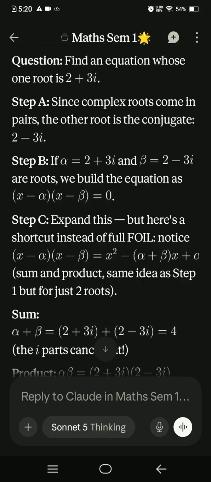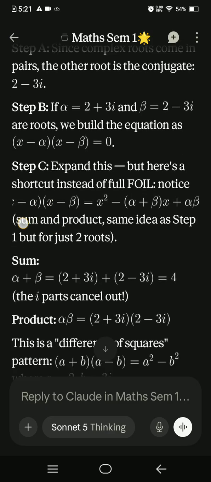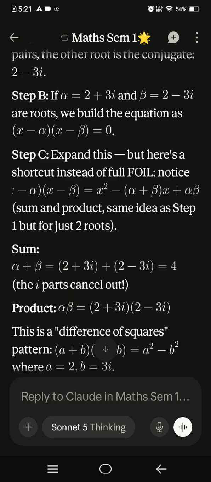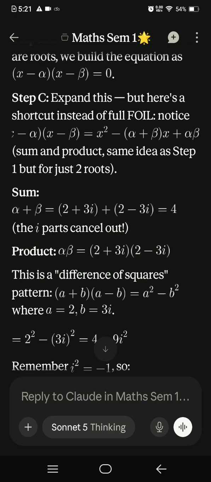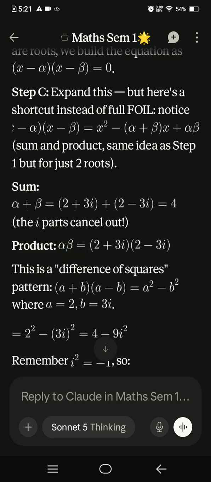Notice sum and product, same idea as step 1 but just for two roots. Okay, then sum alpha plus beta is equal to this, then this is going to cancel out, we're left with 4, the i parts cancel out. Product alpha beta.